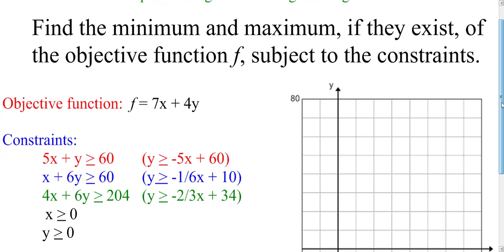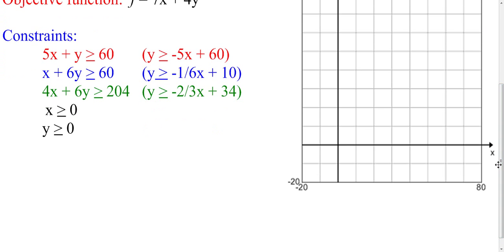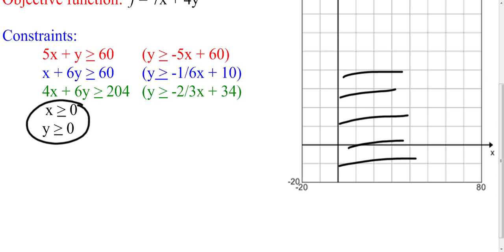Okay, so what happens is you are typically given some restraints or some restrictions on a process. And so what you're needing to do is you're given a set of equations that have to be satisfied so that you can figure out sort of what your corners are, what your key points are. Okay, the first thing I want you to notice is this. I'm giving you these constraints that my x values have to be greater than or equal to 0 and my y values also do. X values greater than or equal to 0 means you're limited to the right half of the graph.